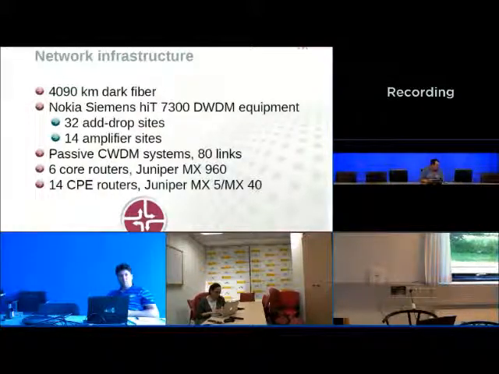Then we also have some passive CWDM systems on about 80 links. Our router network consists of 6 Juniper MX960 routers, and then we also operate CPE routers for some of our customers, and those are also Juniper routers.